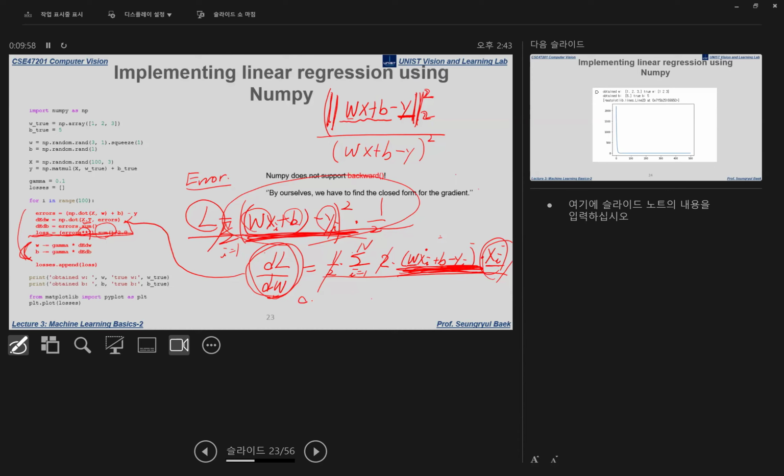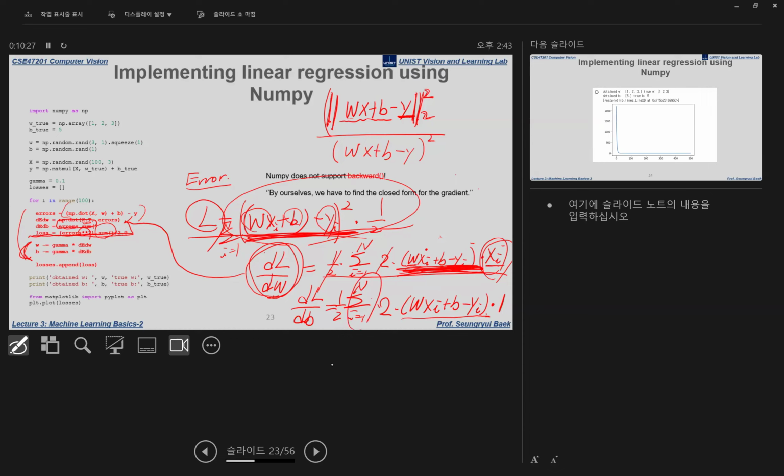And you also have to calculate dL/dB, and that would be y, but if you differentiate this with respect to b, then just one comes out. So here you just use the error variable by summing over all the samples.